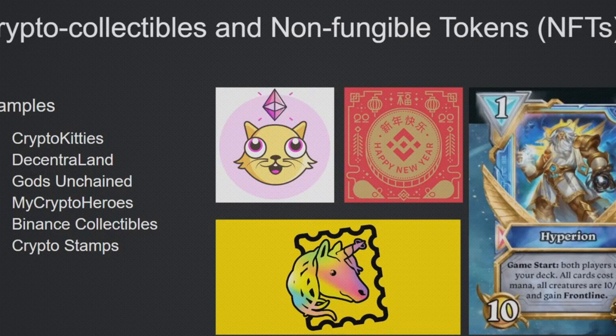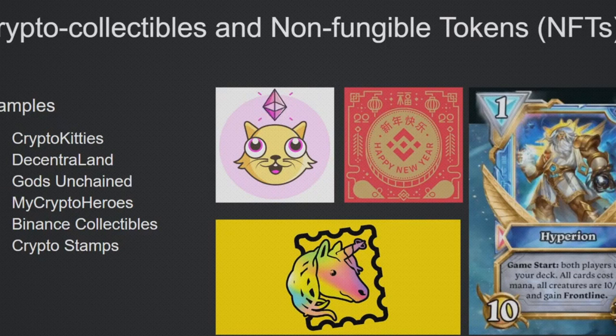My Crypto Heroes is a multiplayer role-playing game where players can level up historical heroes through quests and battles. These heroes and items are, of course, NFTs. Then we have the Binance collectibles, which are NFTs that are issued by Binance. If you follow us on Twitter, there have been a bunch of promotions where you could earn an NFT, and there may be more coming in the future.